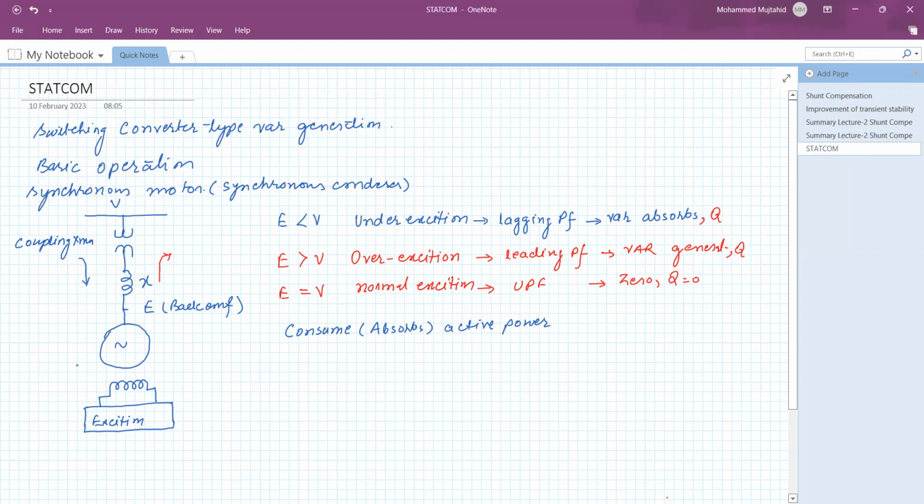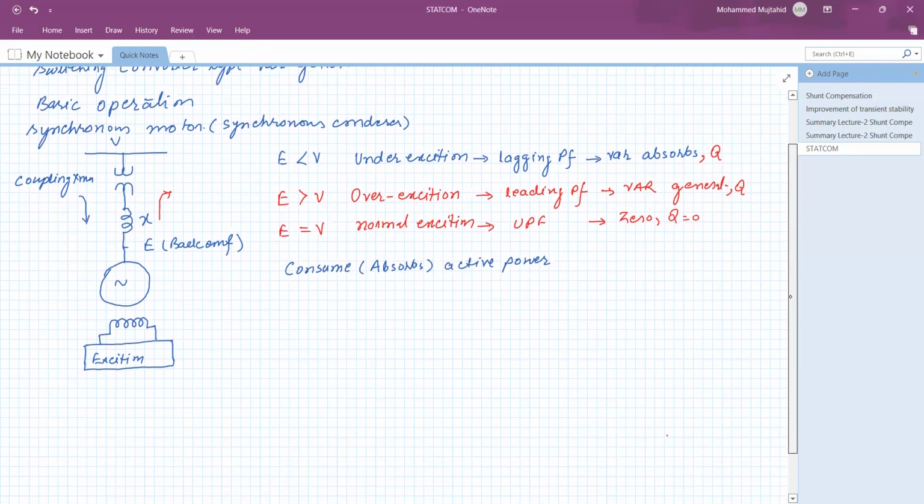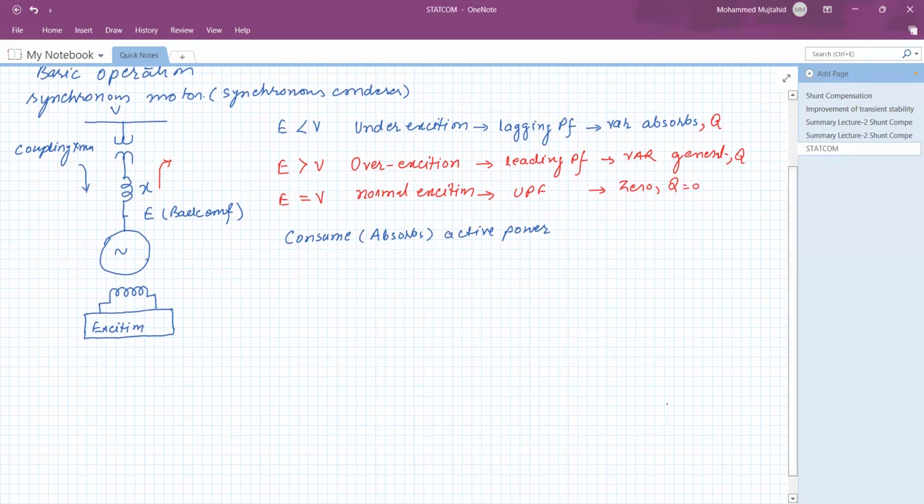This is a rotating part, so extra maintenance attention is needed. Whereas the reactive power generation is quite appreciable, because one may control the reactive power very easily only by controlling the excitation, and therefore it is called active compensation in the power system.